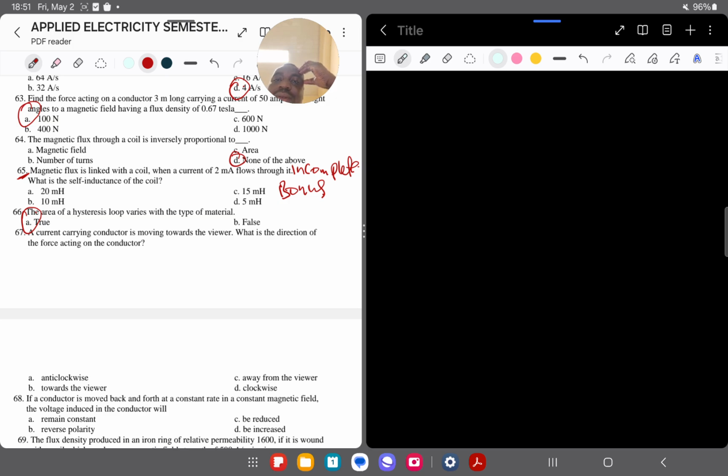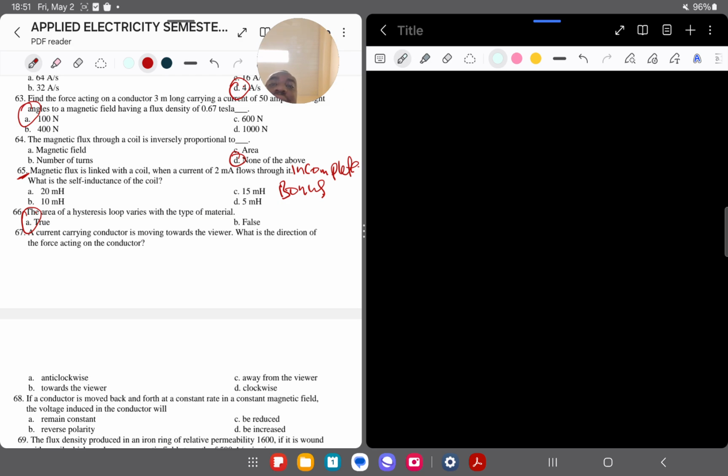If you look at the possible answers, we have A anti-clockwise, B towards the viewer, C away from the viewer, and D clockwise. So this one has to do with the direction of the magnetic field in the conductor.